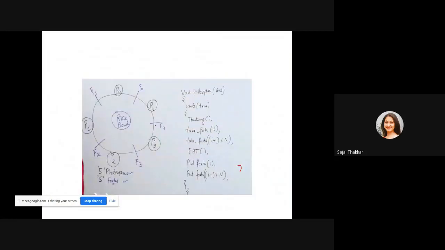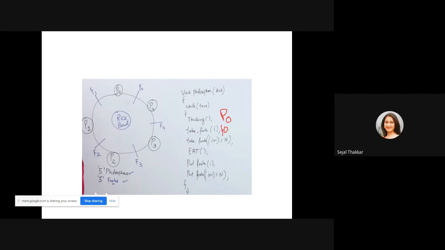So see this code, how exactly it is going to run. While thinking, they will not eat, but when they want to eat, they first pick the ith fork. Suppose the P0 philosopher wants to eat. He first takes the left fork, that is the ith fork, which is fork number 0.